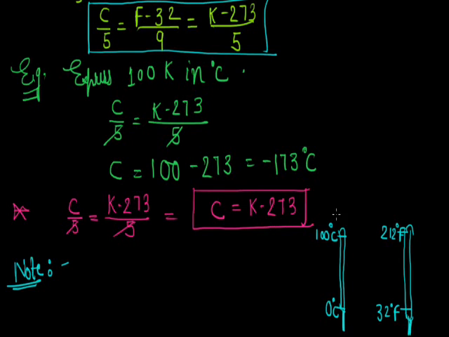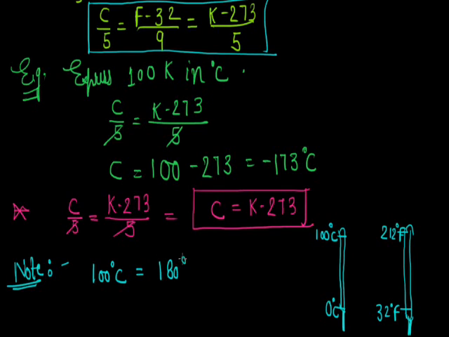These two lower fixed points represent the ice point, the melting point, and these two upper points represent the steam point.